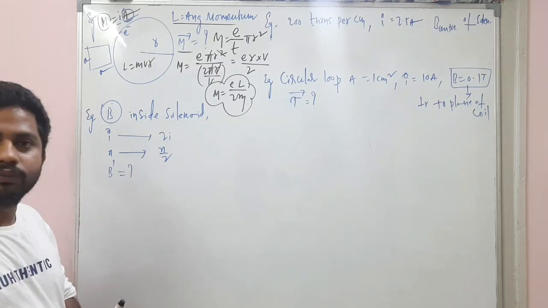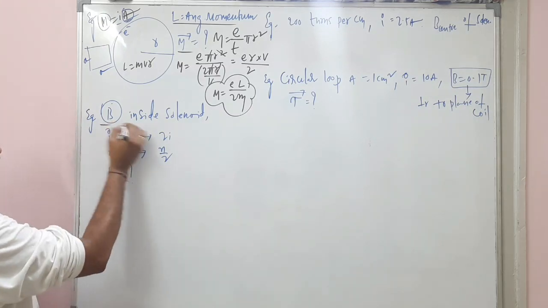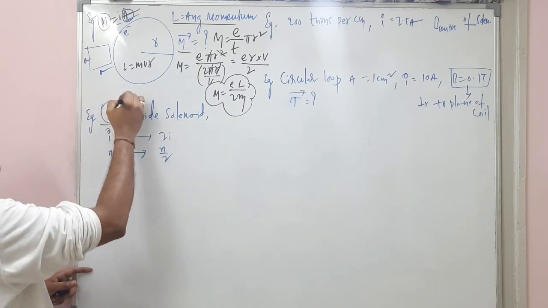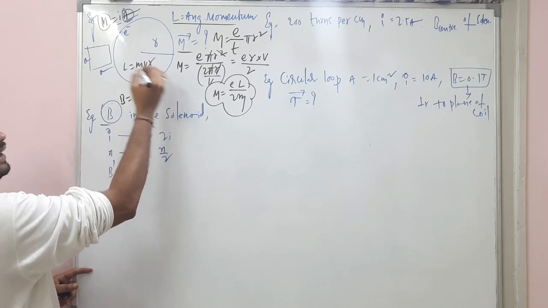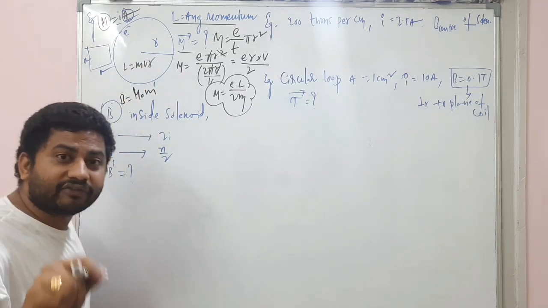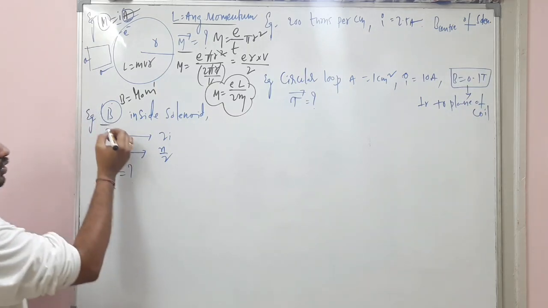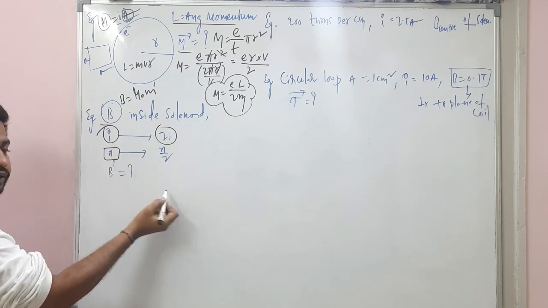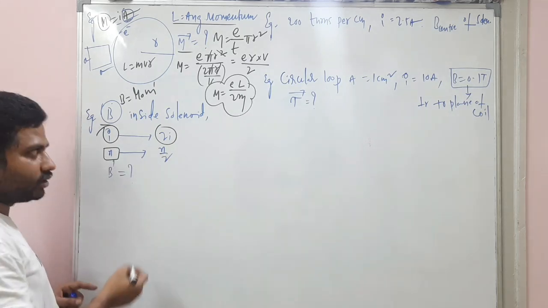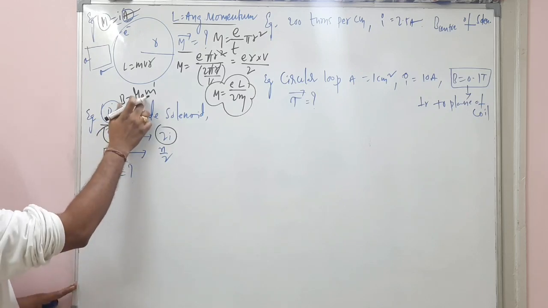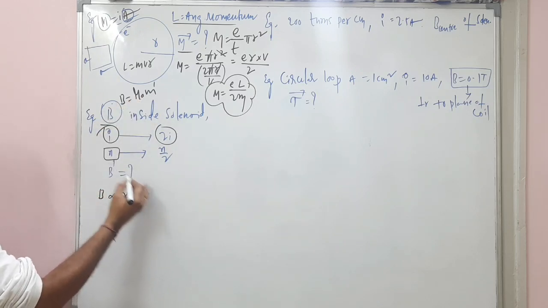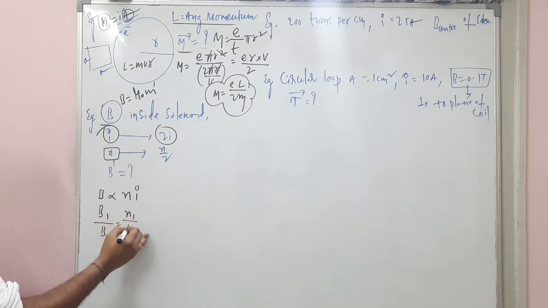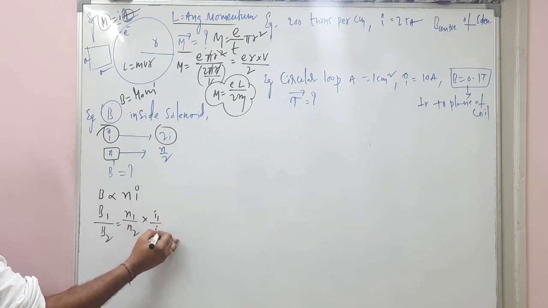Alright. Now, the magnetic field inside the solenoid is B. What's the formula for this? B is equal to mu naught n i, where n is the number of turns per unit length. The current I is doubled and the number of turns are halved. Then what is the new magnetic field? That's the question. So from here, B is directly proportional to n i, and B1 by B2 is equal to n1 by n2 into I1 by I2.